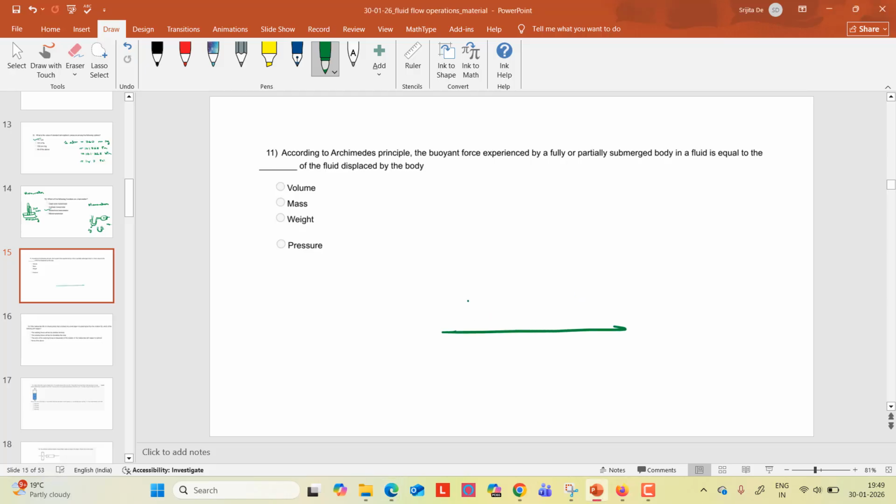So, if a block is submerged in a pool of fluid, then the buoyancy force experienced by this block will be equal to the weight of the fluid displaced by the body.